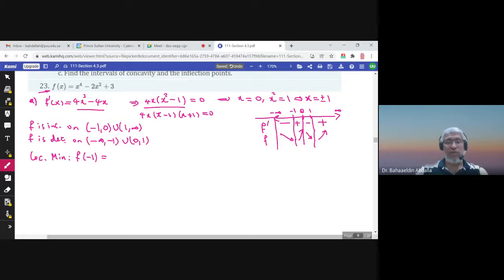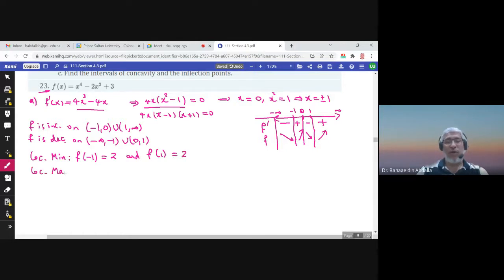So it is 2. So the local minimum is 2. And also there is another local minimum. So there are two local minimums. f of 1 is also a local minimum. And if you replace x by 1, you also get 2.